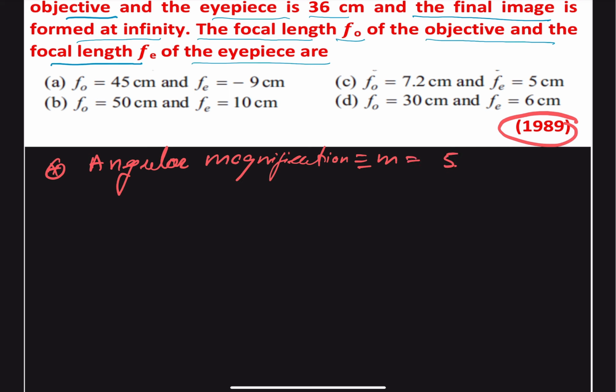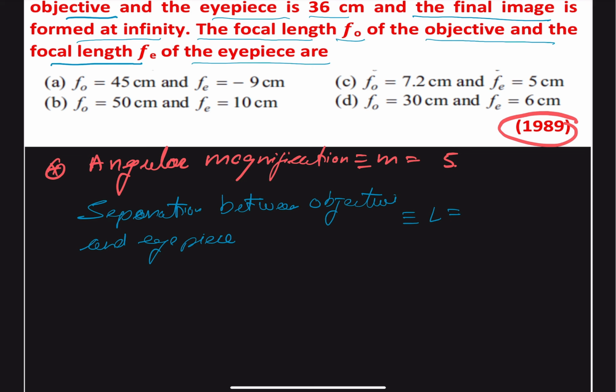Okay. And the separation between the objective and eyepiece, denoted as L, is equal to 36 centimeters.